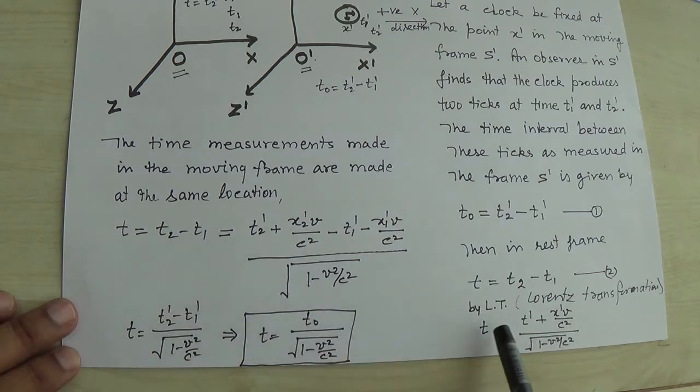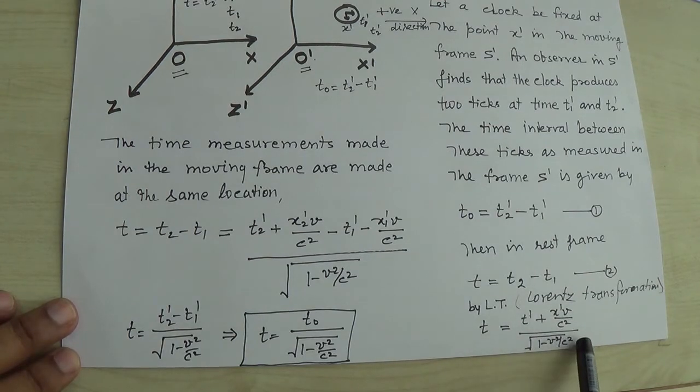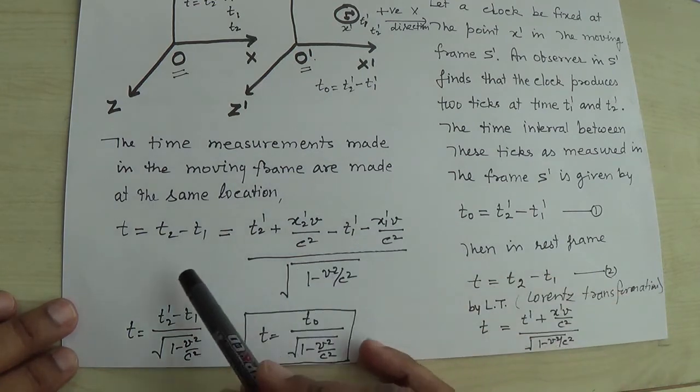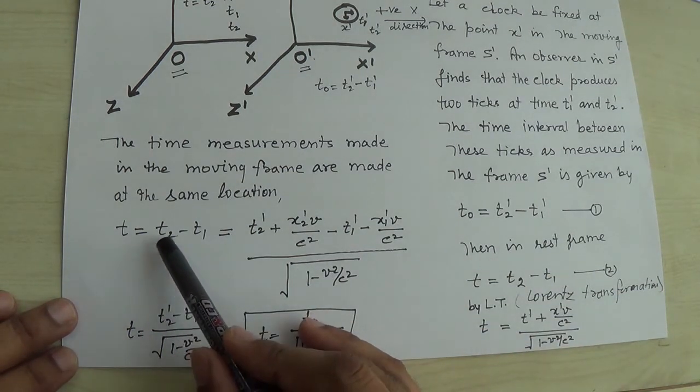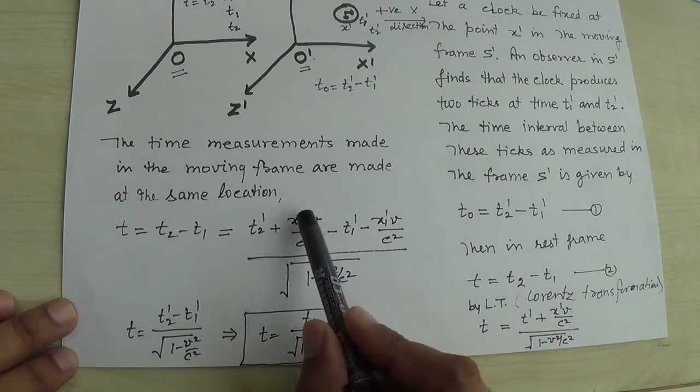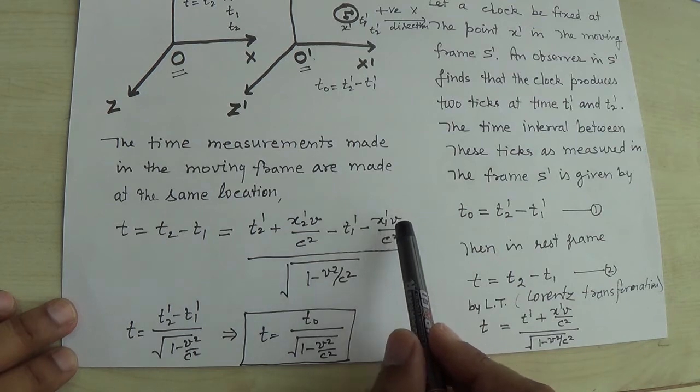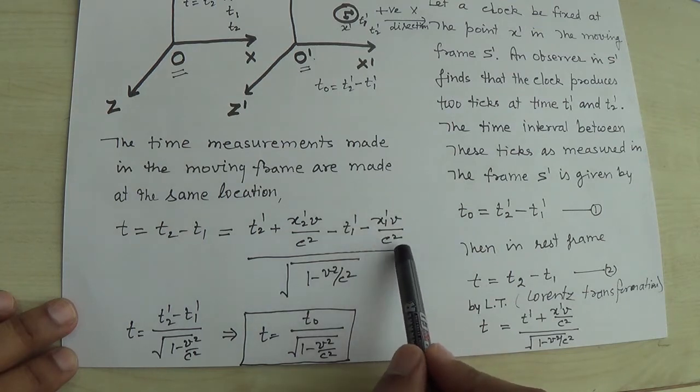So T1 is equal to T1 prime plus x1 prime v upon c square, upon this square root 1 minus v square upon c square, right? When I put the values of T2 and T1, this is T2 prime plus x2 prime v upon c square minus T1 prime minus x1 prime v upon c square.